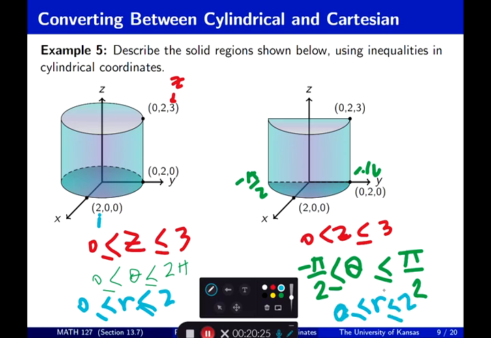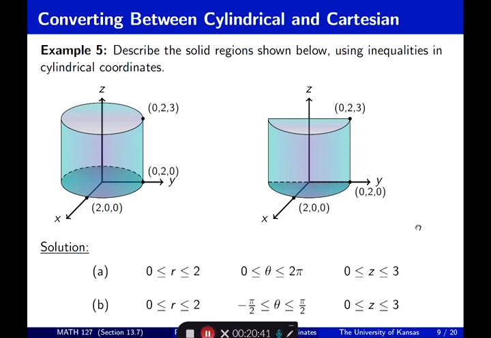Again, when you're inside the cylinder, let's say at this point, r is definitely less than 2. But on the boundaries of the cylinder out here, r is equal to 2. So this is actually a good exercise, and you can practice on it to realize how the cylindrical coordinates work.